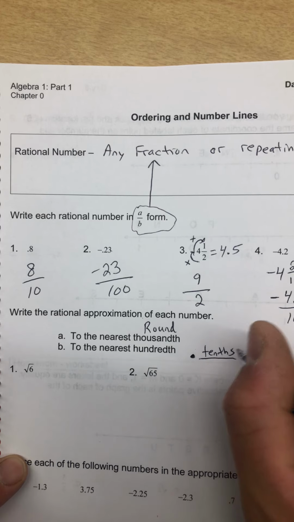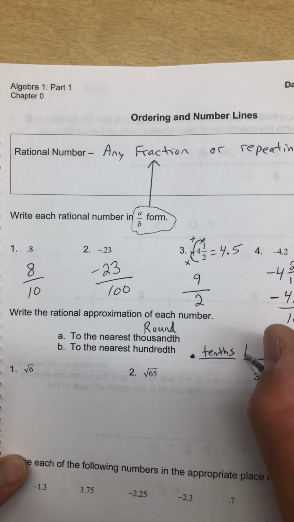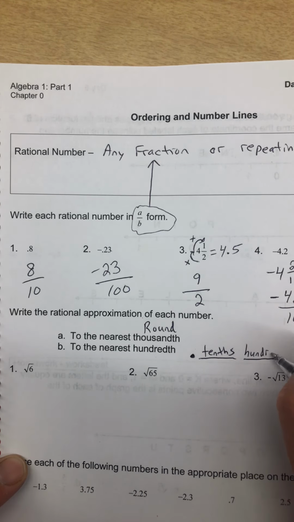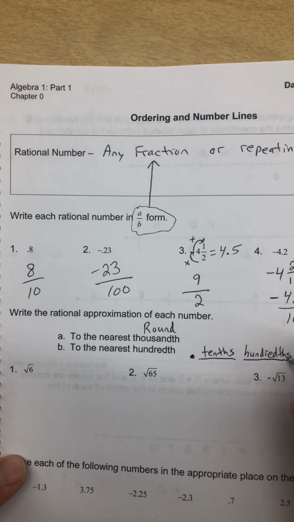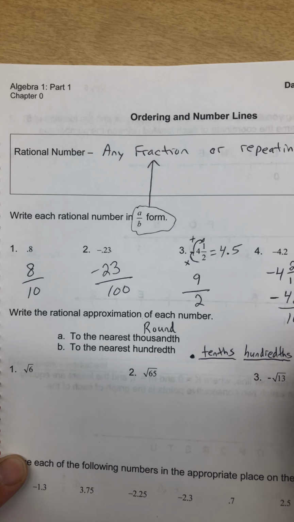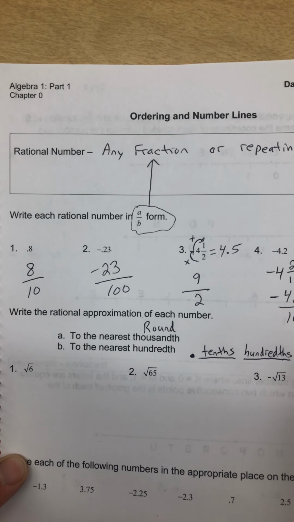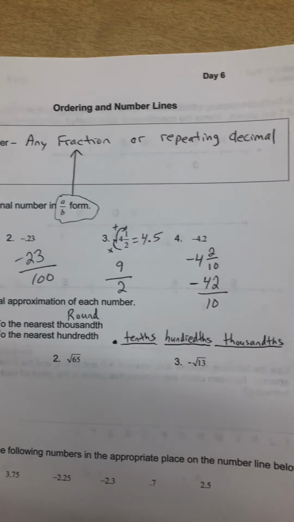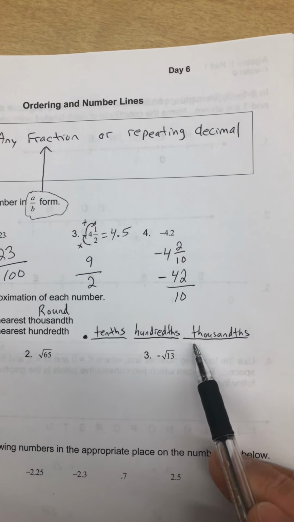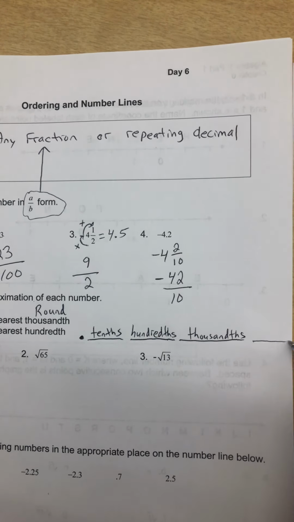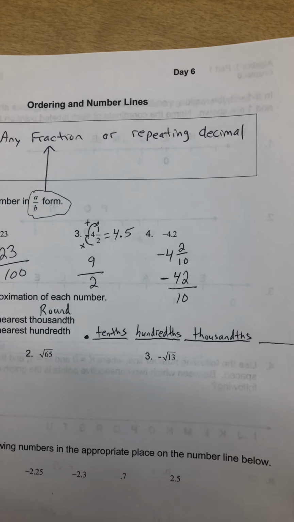The second place after is the hundredths. And the third one is the thousandths. All right. So tenths, hundredths, thousandths. If you want further, there'd be the 10,000ths, but we don't need to do that right now anyway.